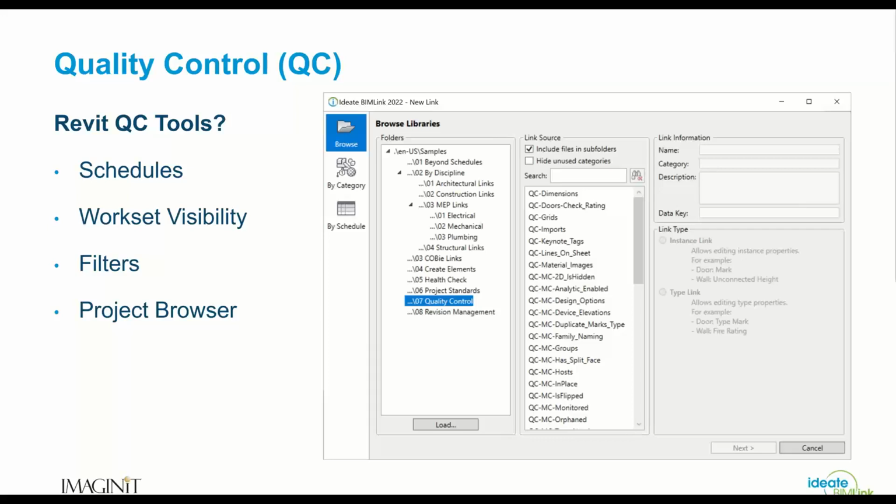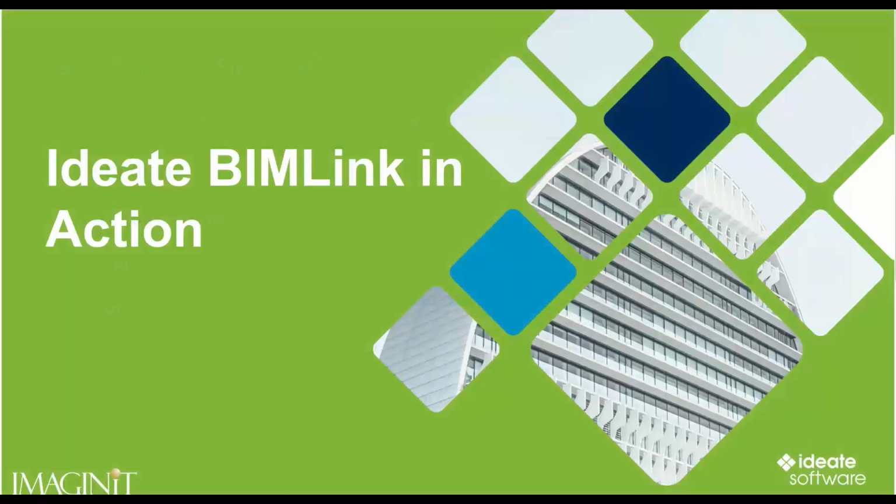Doing some wonky filters and creativeness with filters, and even our project browser when it comes to our views and our sheet names and so forth. So what I'm going to do here in my QC section is look at door fire ratings, and look at renaming of our views to be appropriate.